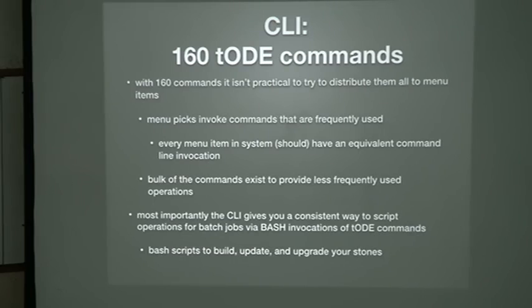You can run the same command at your command shell, write scripts as a function of that command, and then run those scripts from a bash script, all right? And that means you can do just about anything in your create stone command for your own system that you could do running menu items. So to me, this is a very important thing.